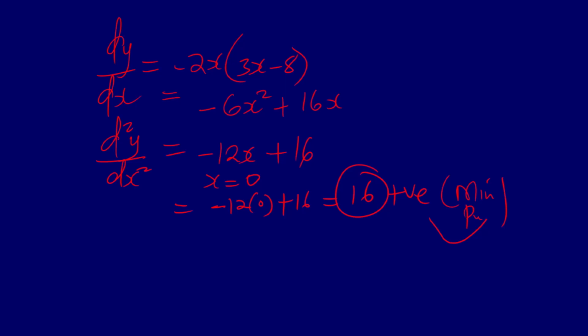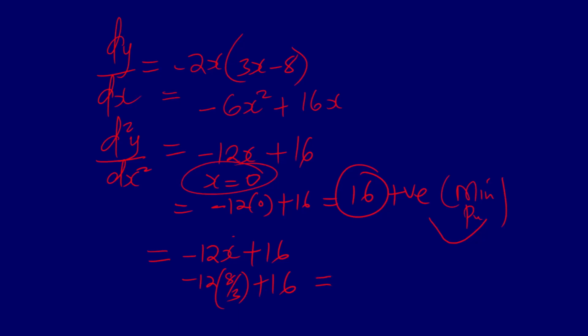negative, so we can test the other point. The other point is negative 12x plus 16. Now we've tested 0. We can test 8 over 3. So negative 12 times 8 over 3 plus 16.